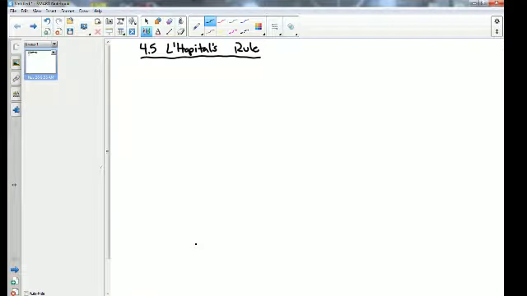All right, L'Hopital's rule is our final method to solve limits. The reason it's in derivatives is because we use derivatives.